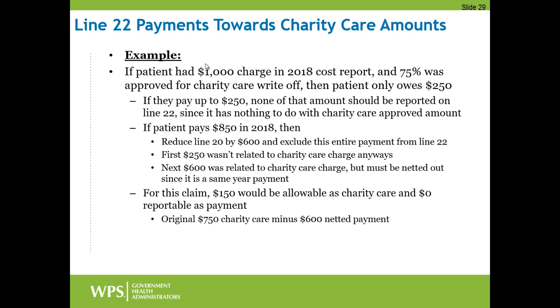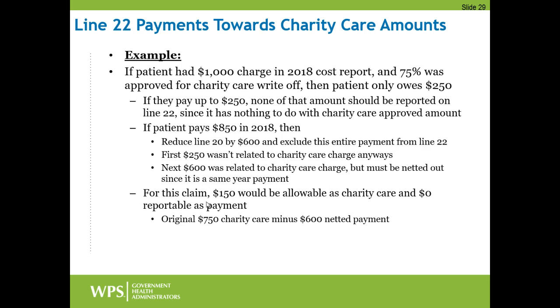But the thing is, the charge was in 2018 and the payment was in 2018. So in that situation, this entire payment should be excluded from line 22, not reported there. And that $600 should also be removed from line 20 because it was paid that same year. So the next $600, yes, it was related to charity care, but it needs to be netted out of that line since it was the same year payment.